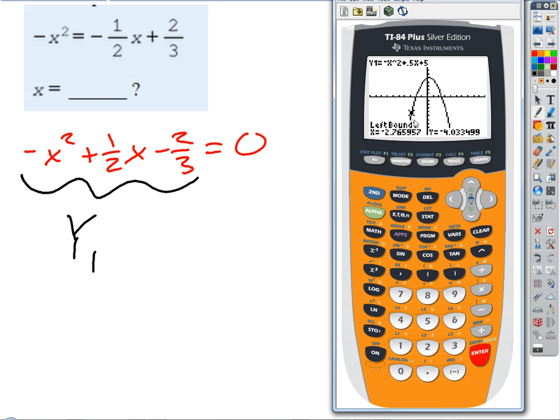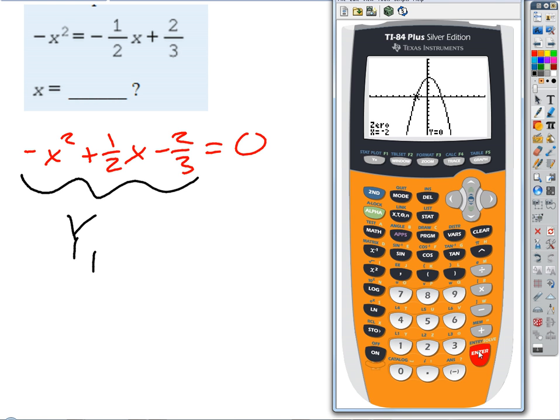Now for the right boundary, I could trace over to the right, or I could even type in an x value, like 0. 0 would work, wouldn't it? So if I type 0 and hit enter, it puts the other boundary at 0, and then for my guess, I could type 1 or 2, or just scoot over in between those two boundaries and hit enter.